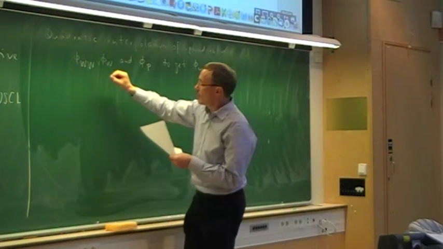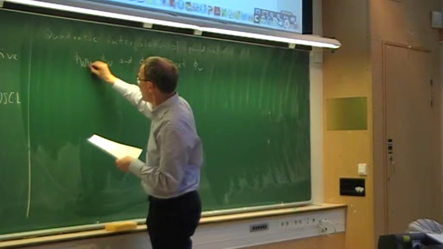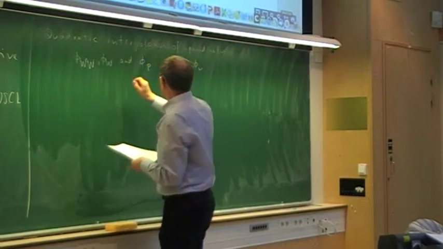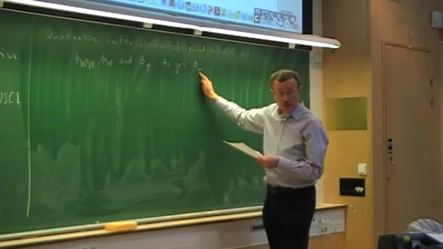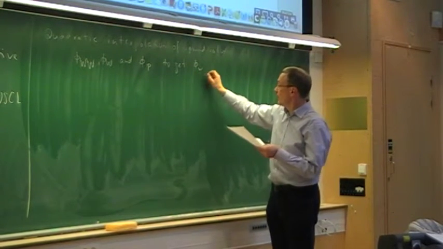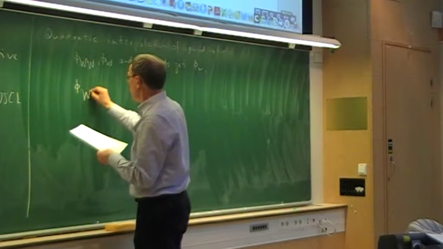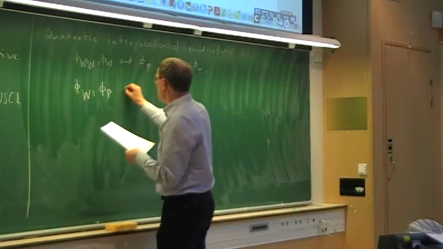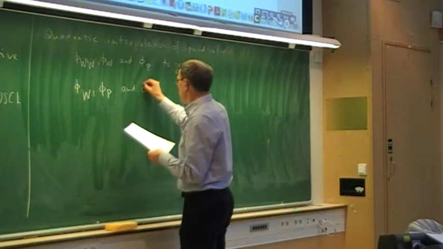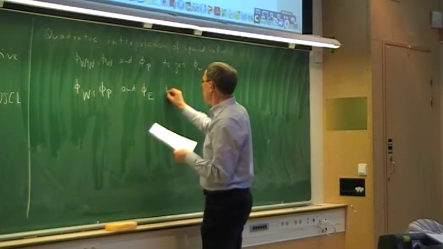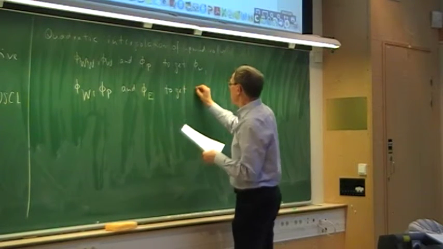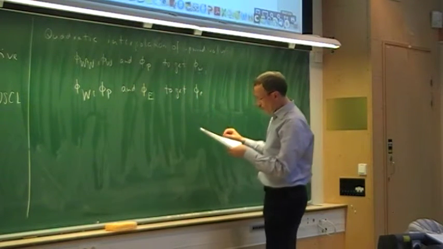These are capital W's, these ones here, and this is a lowercase w because that's a face value. And we use the upwind values phi W and phi P and the value at phi E to get the value at the eastern face.